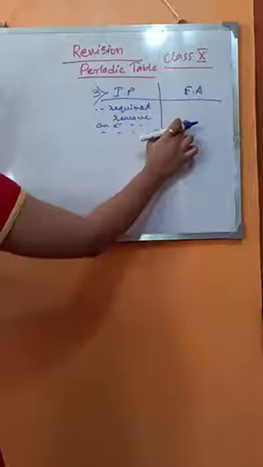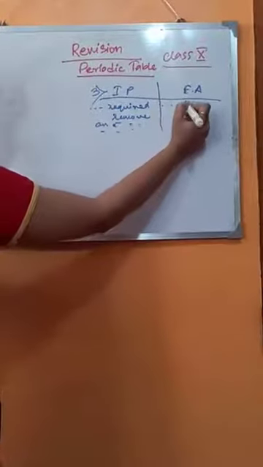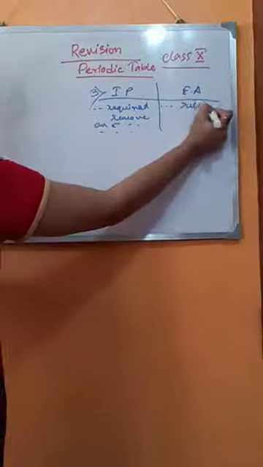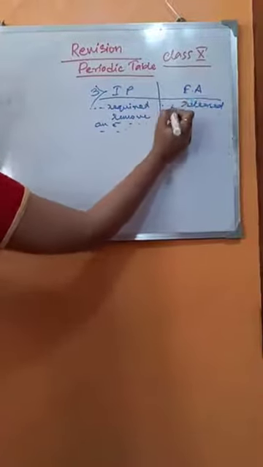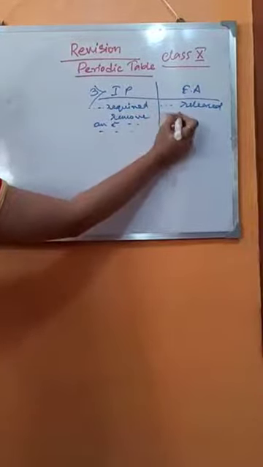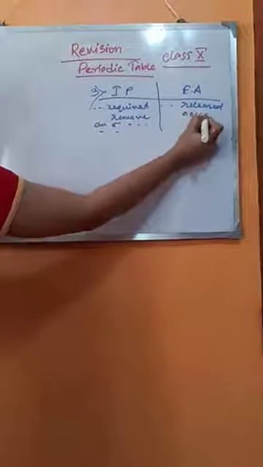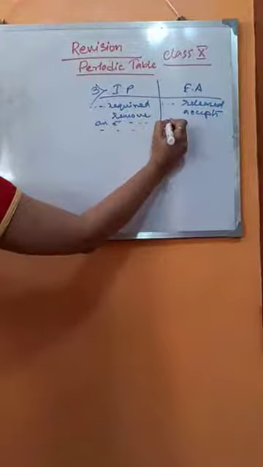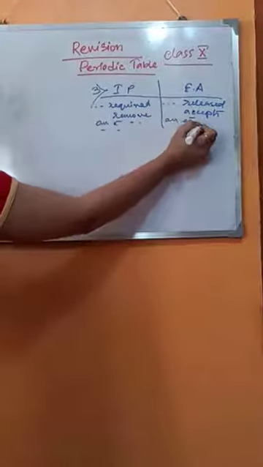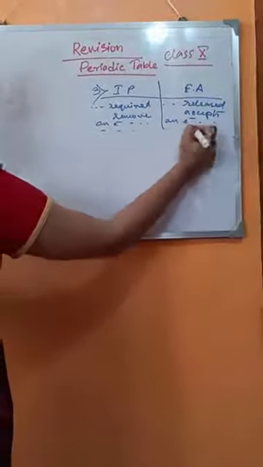And what is electron affinity? This is the amount of energy released when an atom in the gaseous state accepts an electron to form an anion.